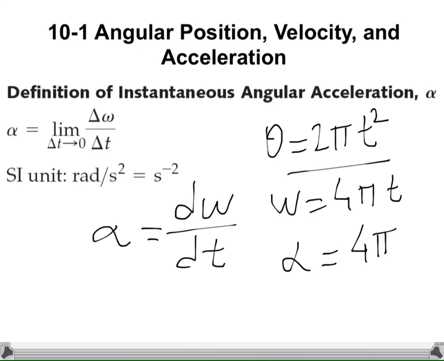Take a second time derivative. In terms of the angular position, alpha is equal to d square theta divided by dt square. Remember, in linear motion, the linear acceleration was d square x divided by dt square, the second time derivative of the linear position. In the case of rotation, it's d square theta over dt square. So there's a correspondence between theta and x, omega and v, the linear velocity, and a, the linear acceleration, and alpha, the angular acceleration.